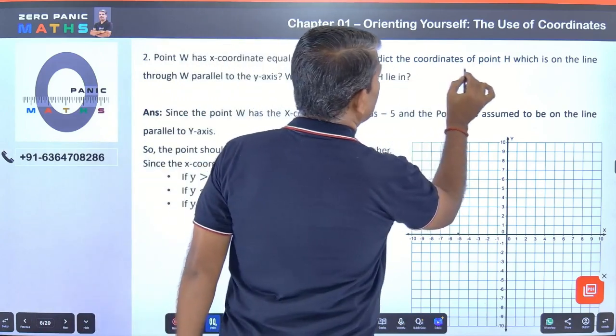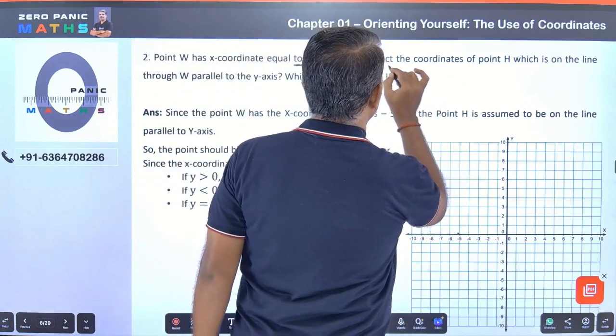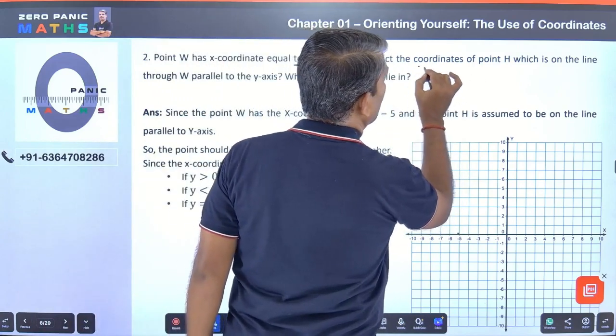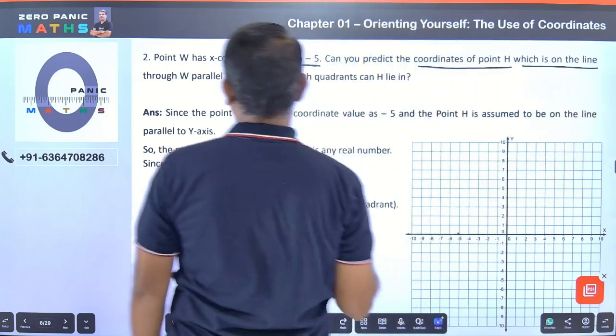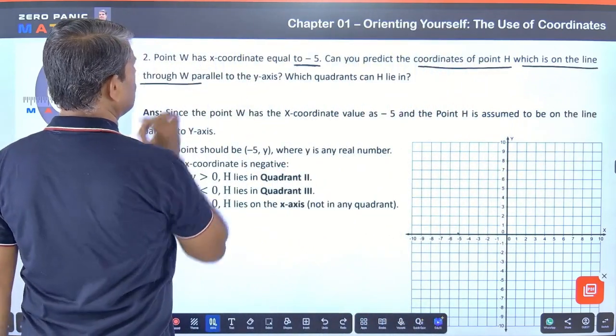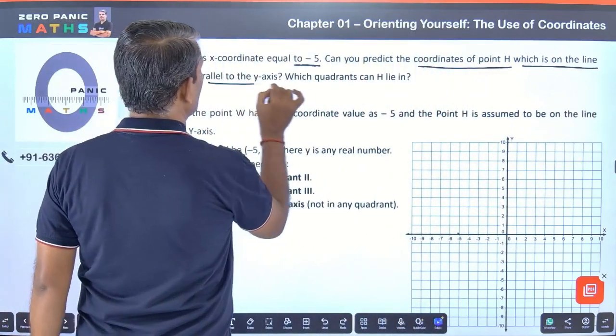Can you predict the coordinates of point H which is on the line through W parallel to the y-axis?